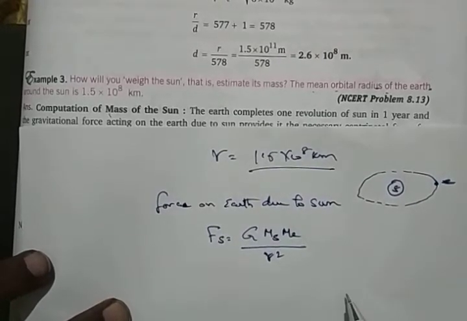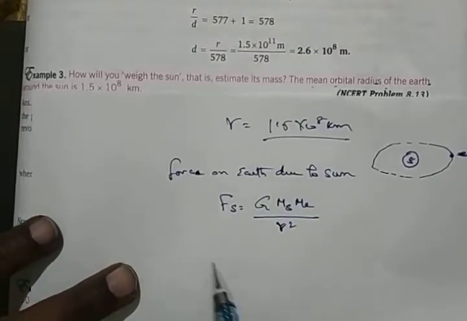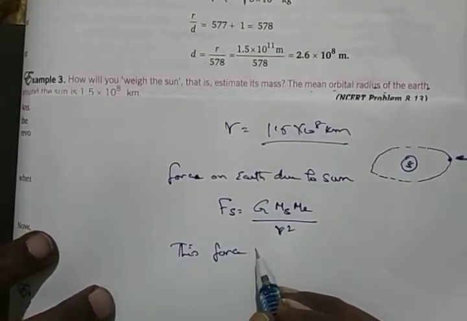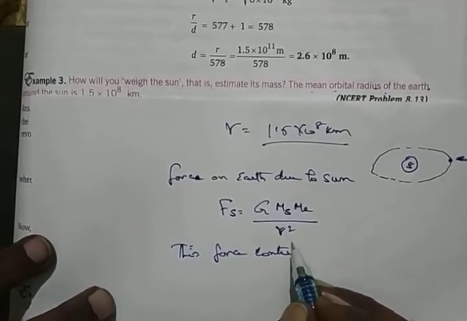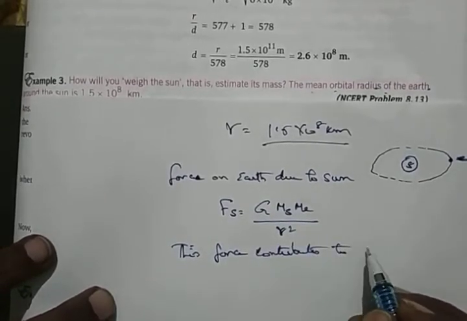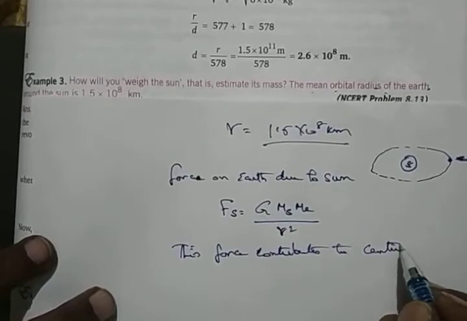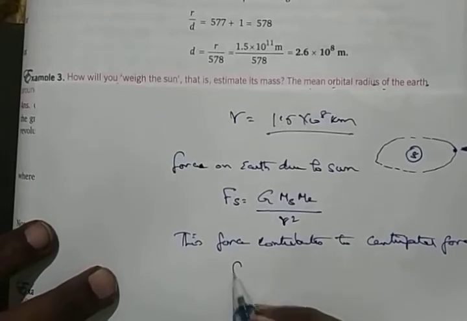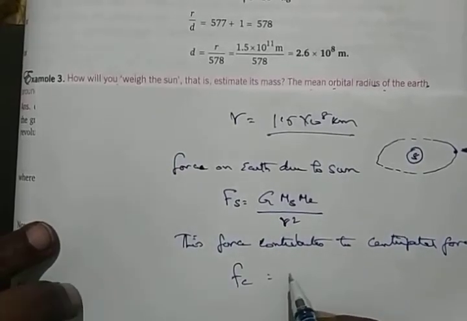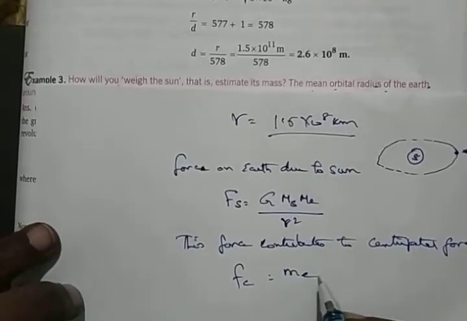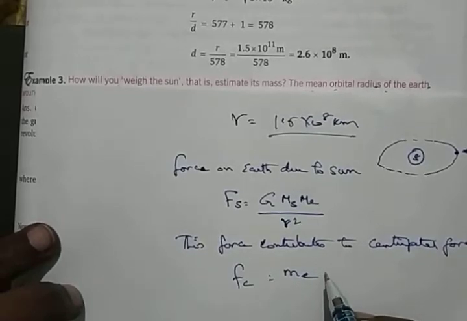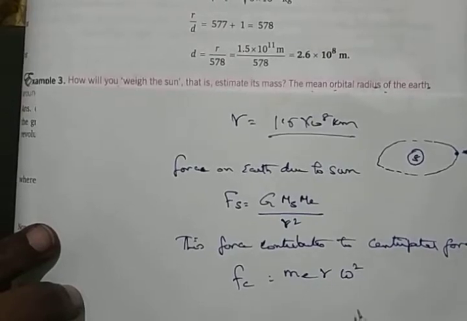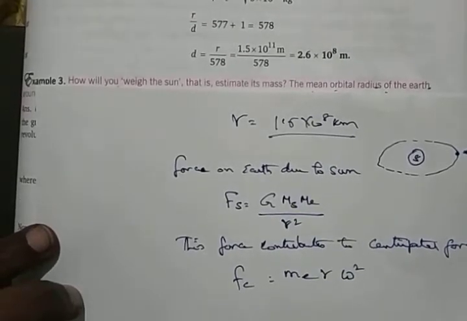This is the value of R, it's already given there. The next line: this force contributes to the centripetal force. So the centripetal force is going to be equal to mass of Earth, radius, and omega square, m R omega square.